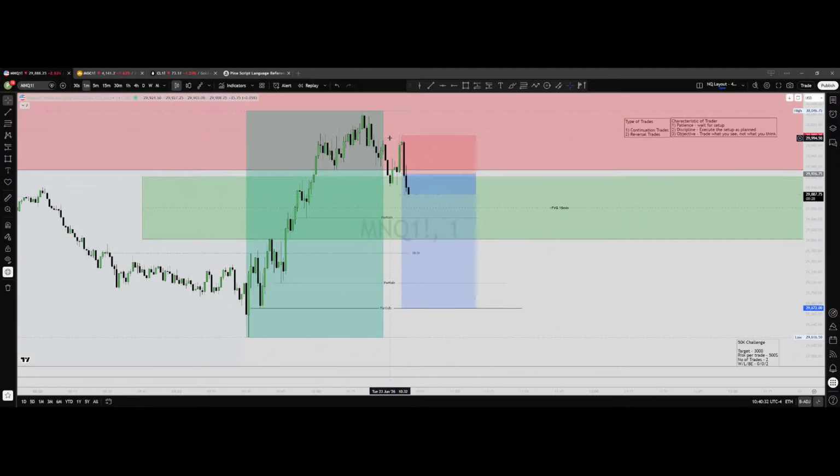Yeah, as I said, discipline is important. Once you get a signal, this 4-hour fair value gap is generally much stronger than this 15-minute fair value gap.